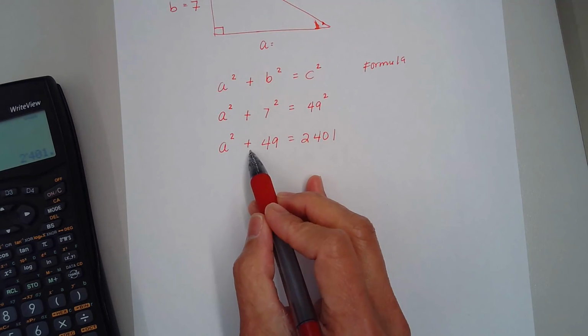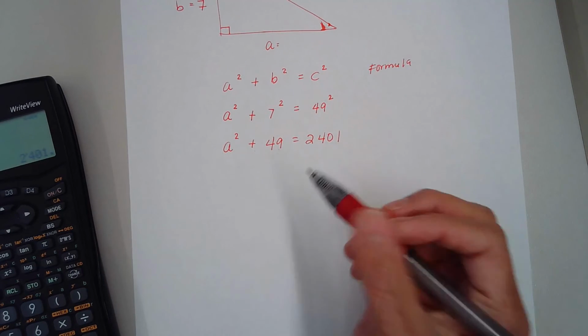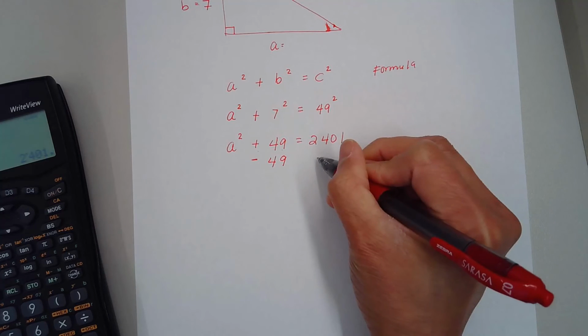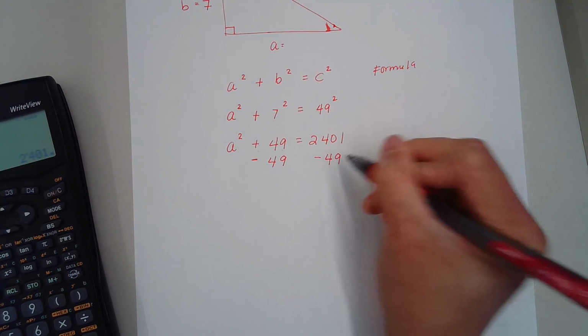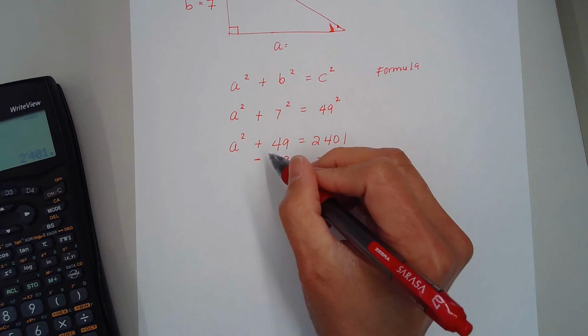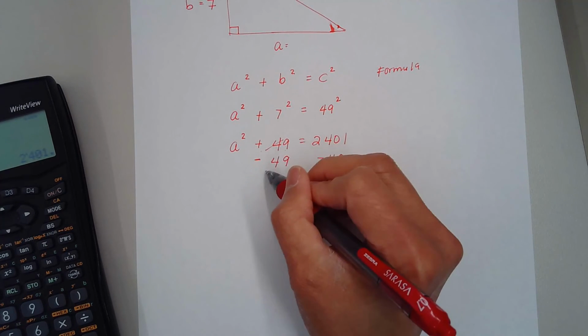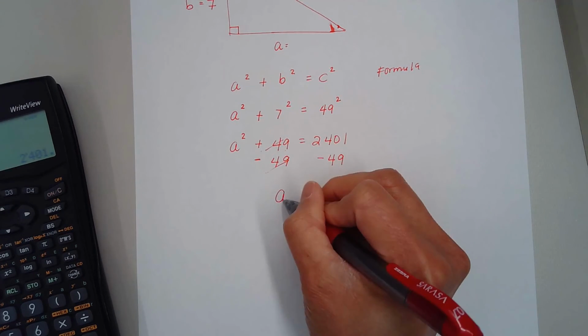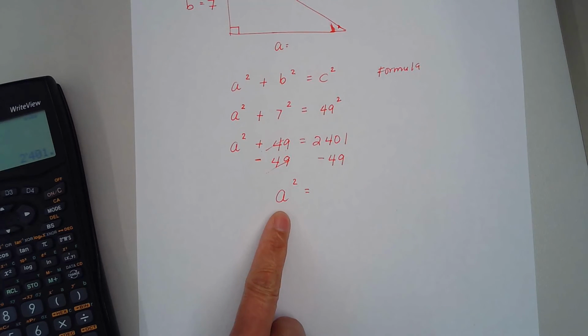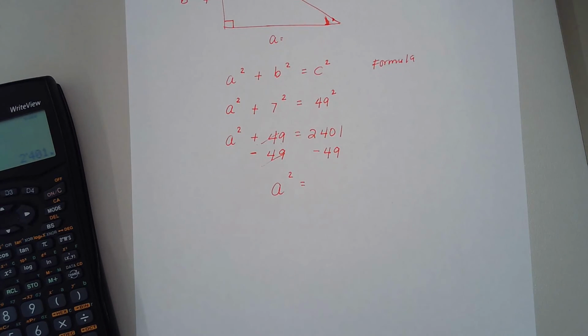We see adding 49, so what we're going to do is subtract 49 on each side. So A squared. Okay, so the 49 is gone on this side. The A squared is left here.